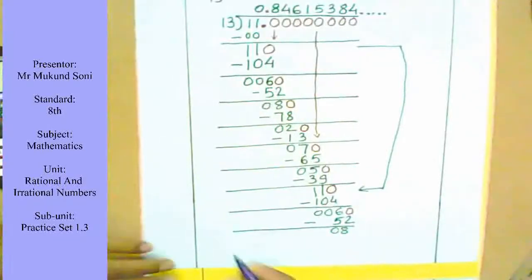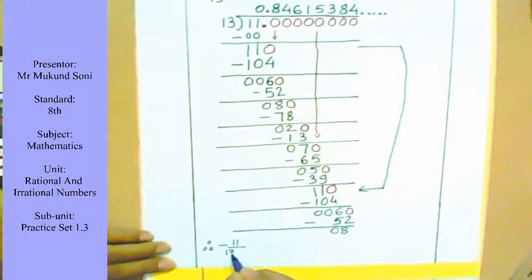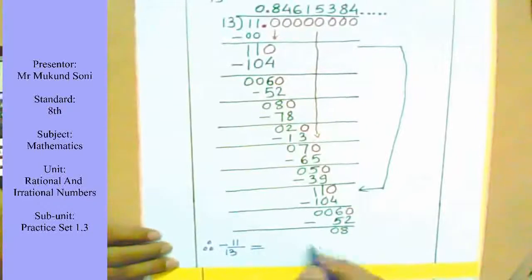Our final answer will be, therefore, negative 11 upon 13 is equal to 0 point. Are we forgetting something? Very good. There should be a negative sign. So let's place it.